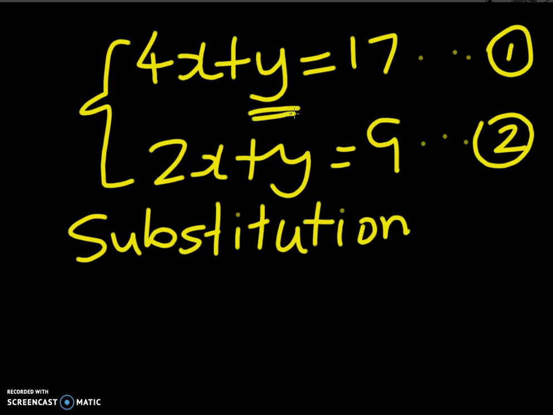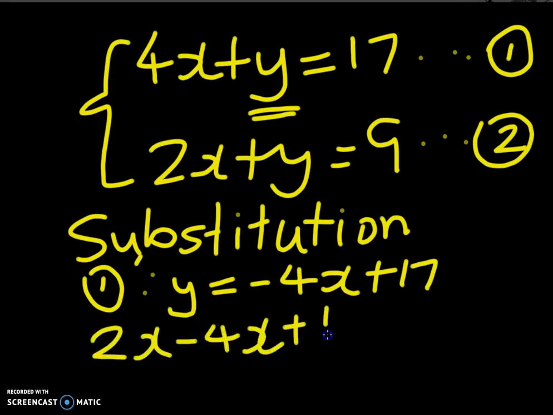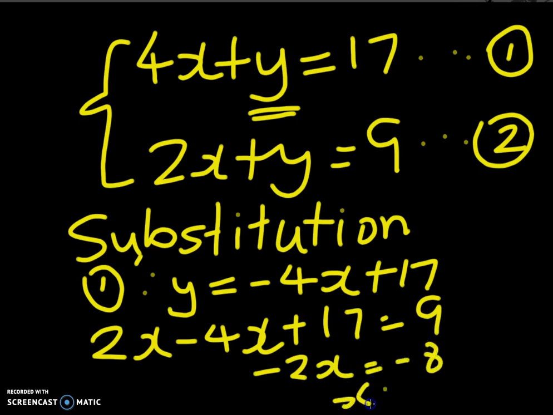So let's change equation number 1, make it 1 dash. We'll move it into terms of y. So y equals negative 4x plus 17. And then we substitute y equals negative 4x plus 17 into the other equation. That makes 2x minus 4x plus 17 equals 9, which is negative 2x equals negative 8, so x equals 4.